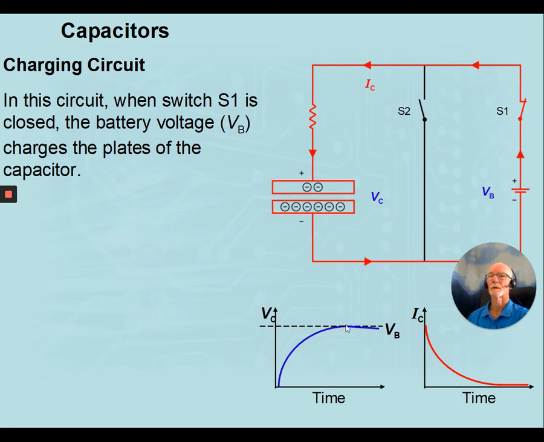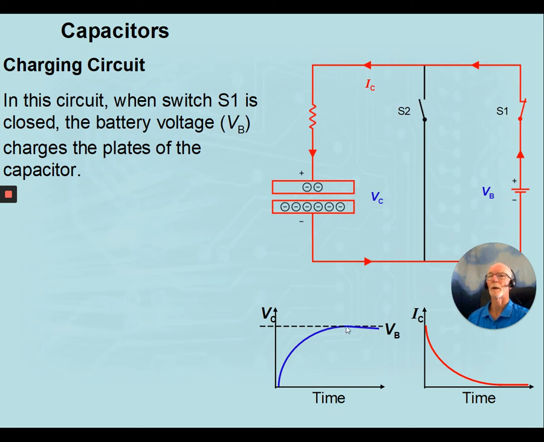The voltage across the capacitor builds up. For example, if we had a 12-volt supply and the capacitor started off at 0 volts, the whole 12 volts would be across the resistor. But as the capacitor charges up and gets to 6 volts, there would be 6 volts across the resistor. 9 volts across the capacitor, 3 volts across the resistor.